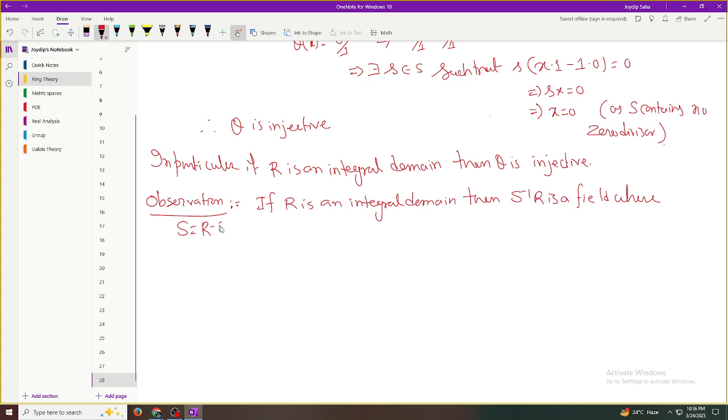You know that 0 is a prime ideal if and only if R is an integral domain. That is the definition of integral domain: a commutative ring with identity where 0 is a prime ideal.